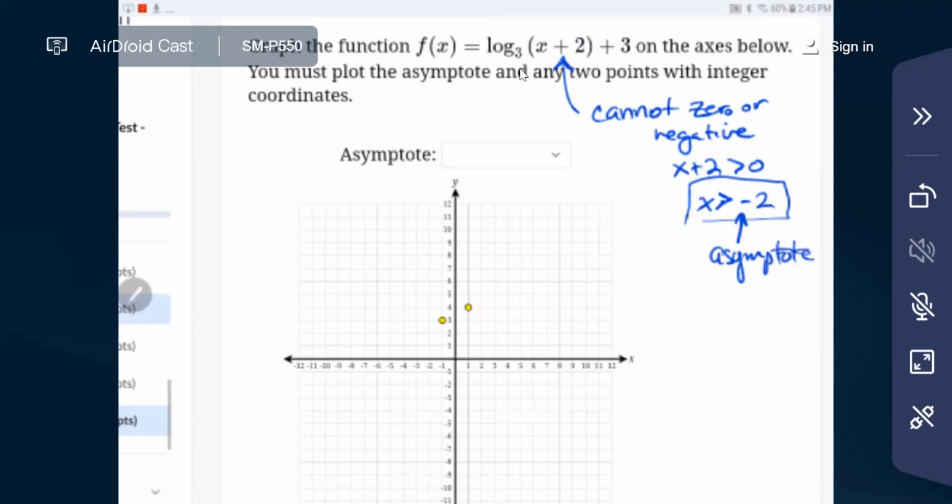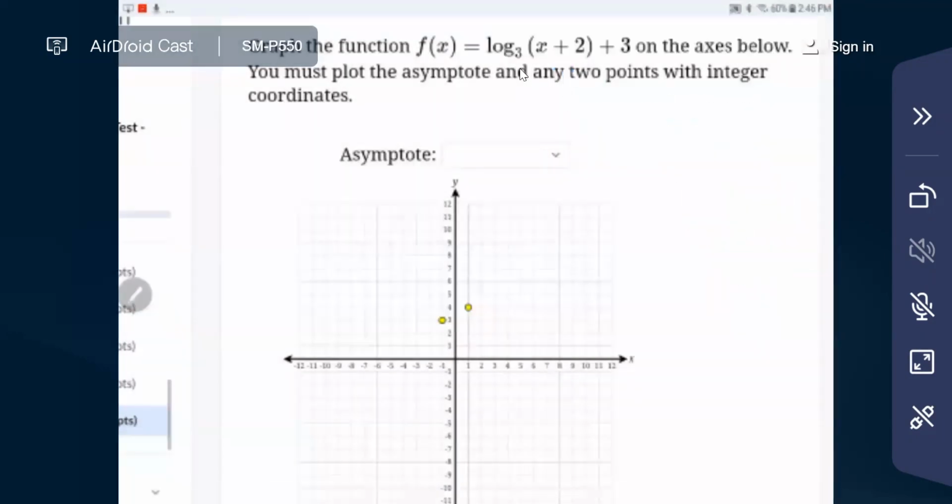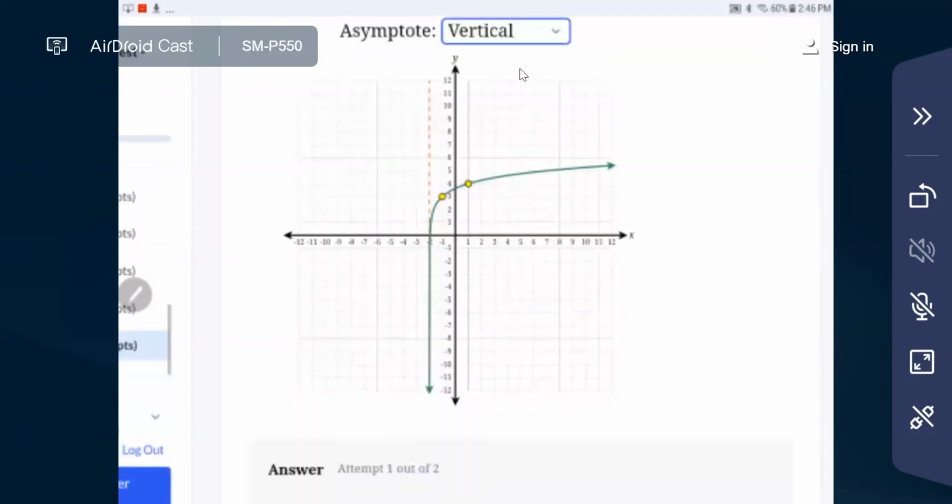Of course, it's going to be x is equal to -2, and x's are always vertical. So we're going to remember this is -2 because I have to get rid of it. We're going to say this is a vertical asymptote, and here's this red line. Notice you move this around and it finishes the graph for you. And so we're going to put that on -2. And so that would be 2 ways of getting 2 points and a vertical line.